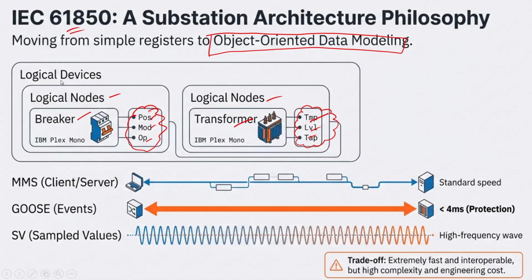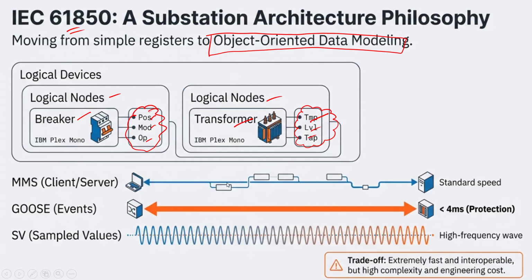Based on this specific protocol, we can utilize different vendors' breakers, and they can talk to each other. It is called interoperability, as we call it in industry terms. And this is based on ethernet, it is not serial communication.